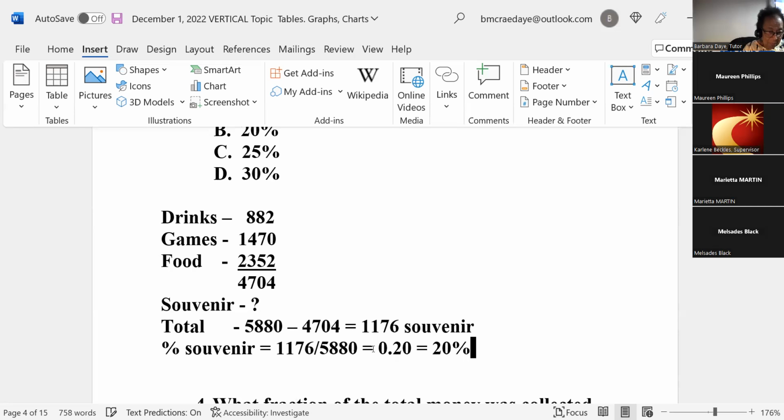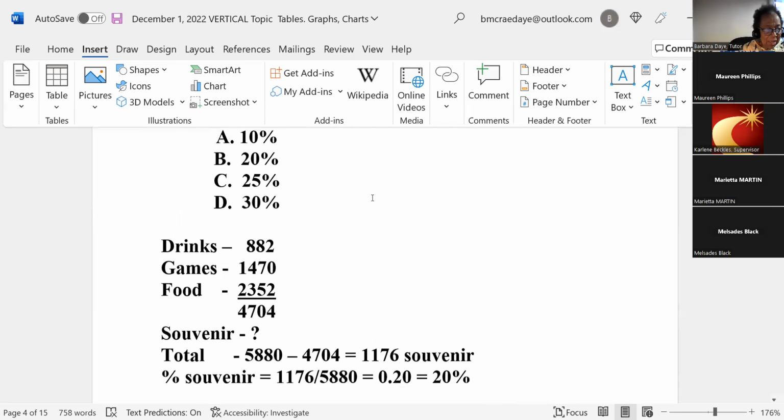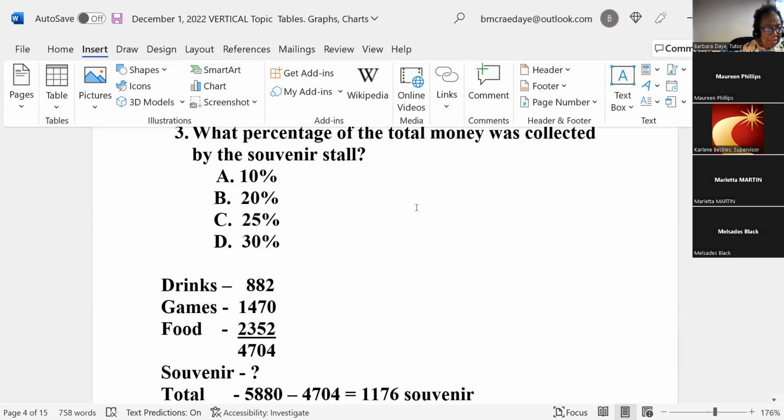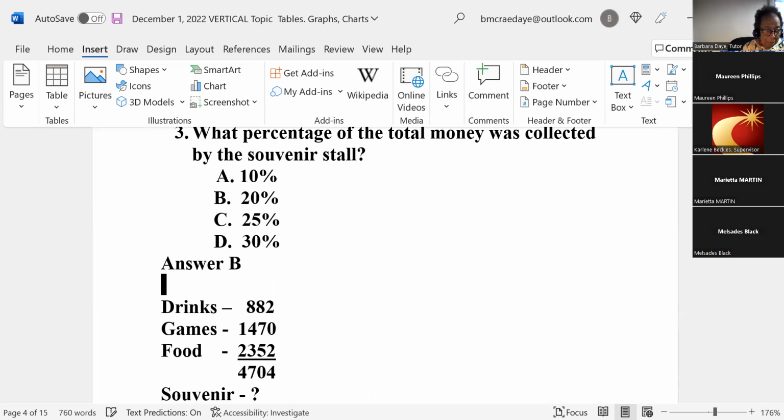So the answer is what? 20%. The answer is B. Miss, what I did for number 2 was I looked at the answers, picked 20%, and multiplied it by the total, and I got 1176. And I said, oh, that's 20%. Okay, all right.